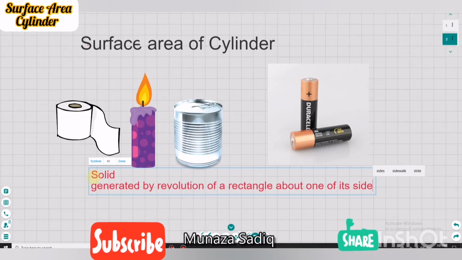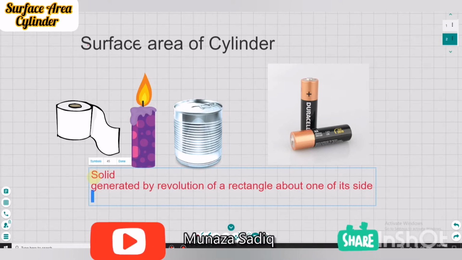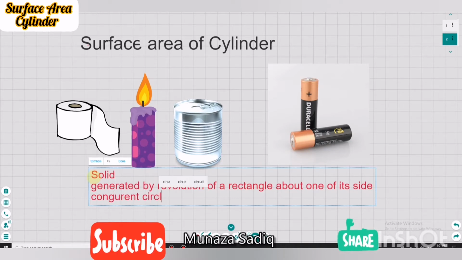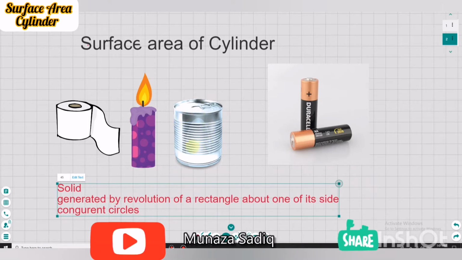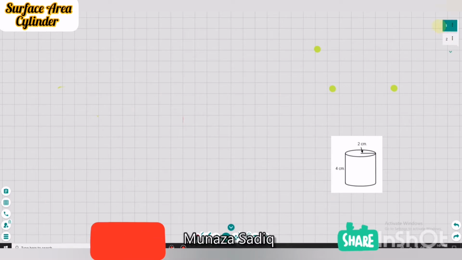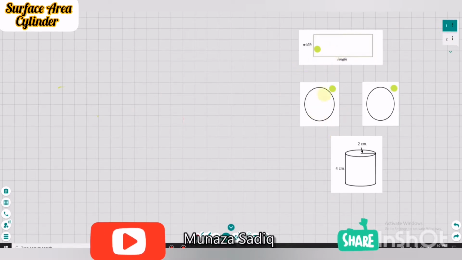And the ends of a right circular cylinder are congruent circles. Now look at the cylinder generated by the revolution of a rectangle about one of its sides, and two congruent circles. And how to find the surface area of a cylinder?